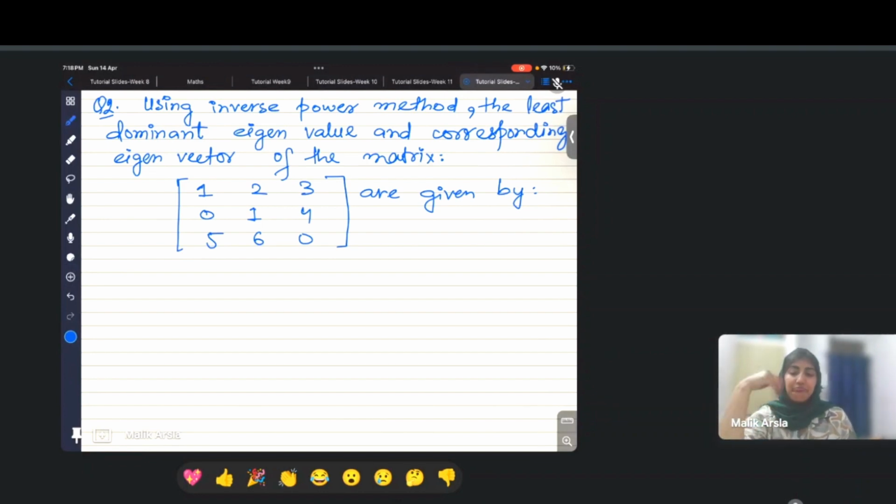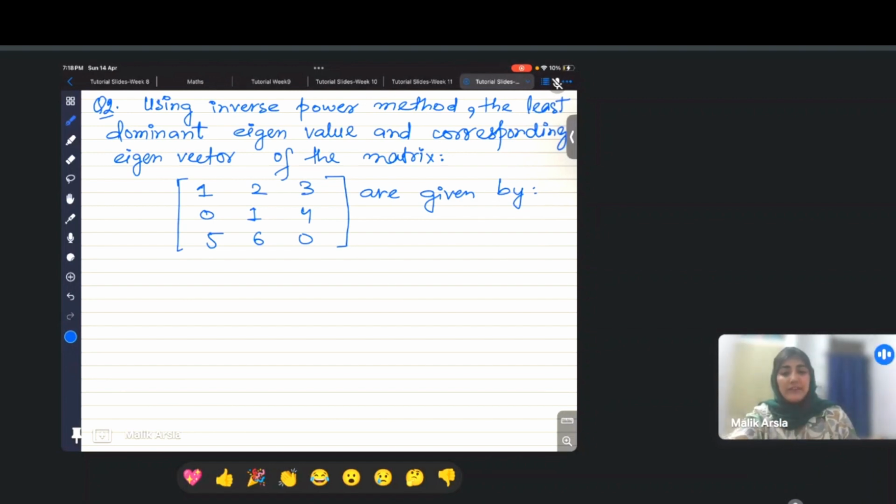Okay. See, we know that if there is a matrix A and it has eigenvalues lambda 1, lambda 2, lambda 3, right? What will be the eigenvalues of A square? It will be lambda 1 square, lambda 2 square, lambda 3 square, right? What will be the eigenvalues of A inverse? It will be 1 upon lambda 1, 1 upon lambda 2, 1 upon lambda 3, right?